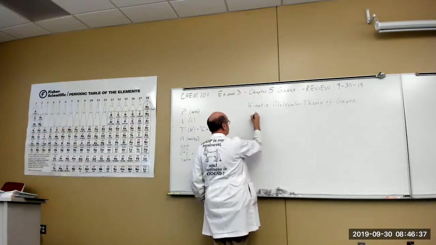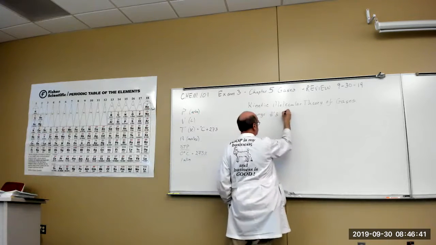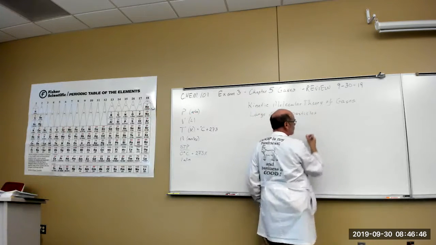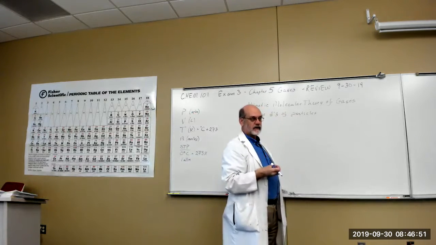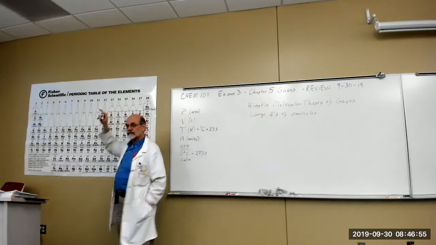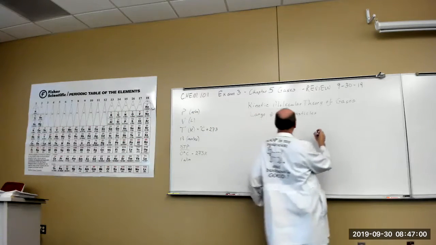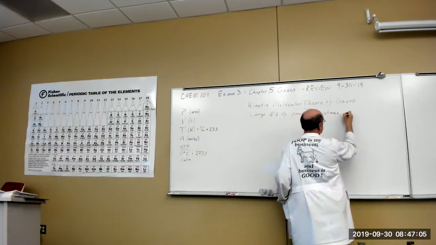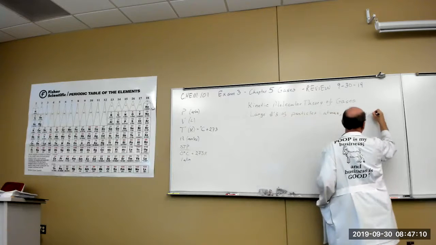One, large numbers of particles. Those particles could be, as far as gases are concerned, individual atoms. They could be diatomic atoms, like some of our elements are. Or they could be molecules. They could be big gaseous molecules.